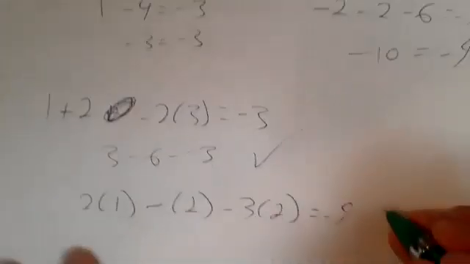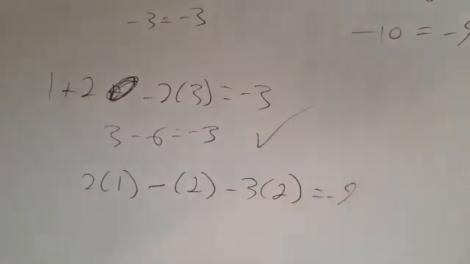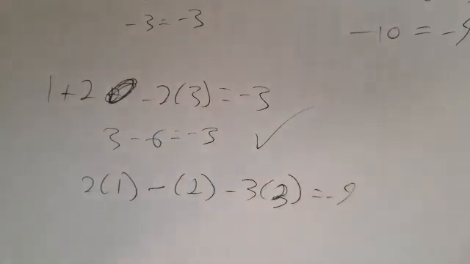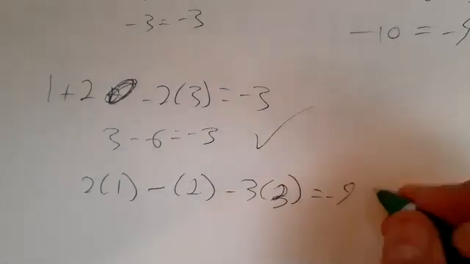Is that -9? So we're plugging in 1, 2, 3, sorry. So this is 2 minus 2. I believe that's going to give me 0. This is going to give me -9. So I believe this one works.